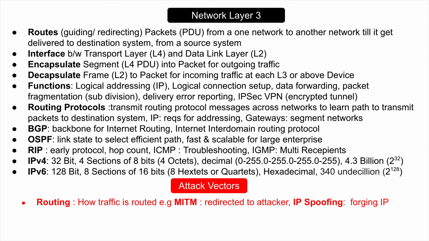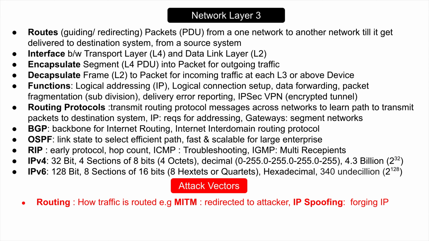Now there are certain attacks related to the network layer, and most of these attacks exploit routing, that is, how traffic is routed from source to destination. For example, a man in the middle attack redirects the traffic to the attacker's system.